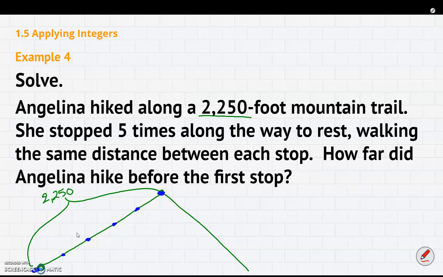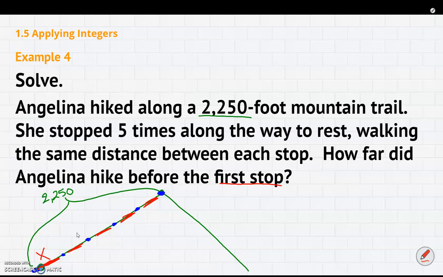So she's got this in-between space that she's walking. Okay? And we don't know currently how much that in-between space is. But we need to find the distance, how far before she stopped the first time. So this distance right here, from her starting point to her first stop, we need to find this. Okay?